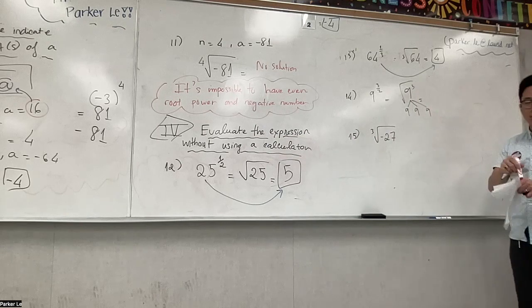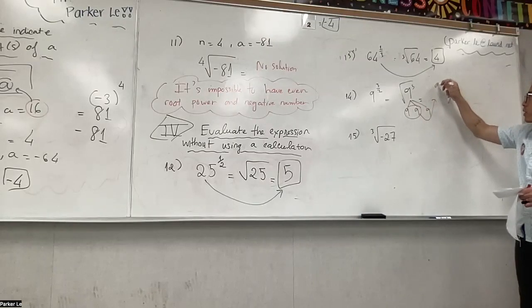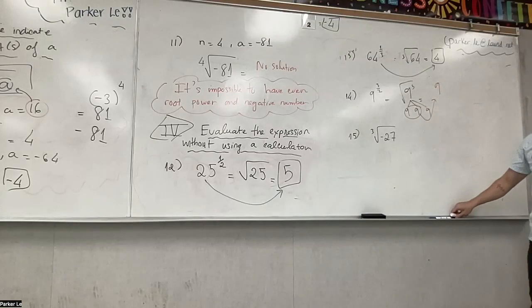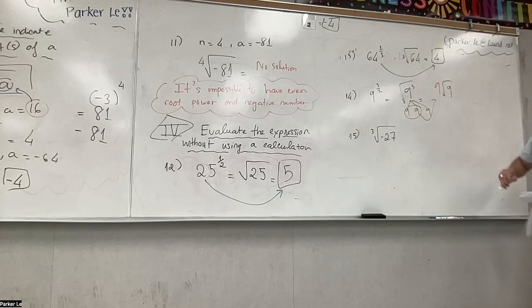You have enough of 2 same numbers, so 2 of the 9s go out. So I have 1 nine out. What do you have left inside? Another 9, right? This 9 is going to stay inside. What is the square root of 9? So 9 times 3. What is 9 times 3? 27.